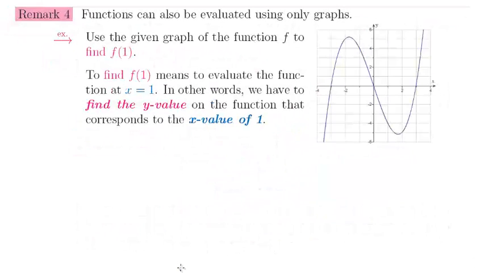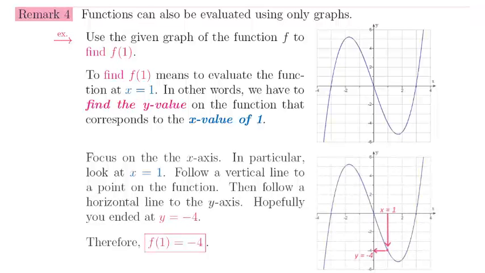Note functions can also be evaluated using only graphs. Let's do an example. Use the given graph of the function f to find f of 1. Now, to find f of 1 means to evaluate the function at x equals 1. In other words, we have to find the y value on the function that corresponds to the x value of 1.